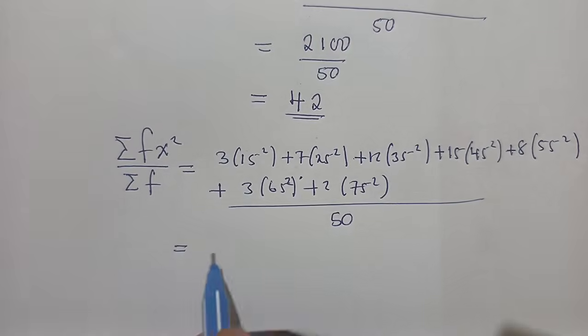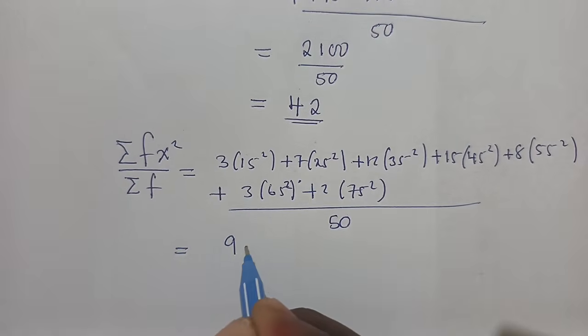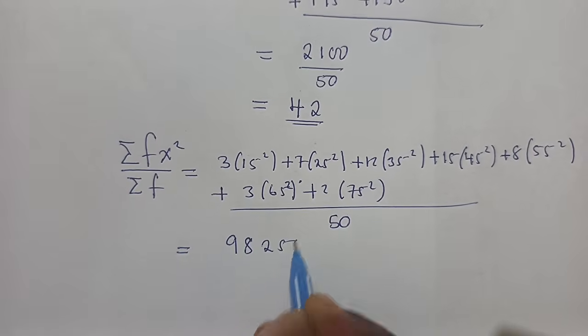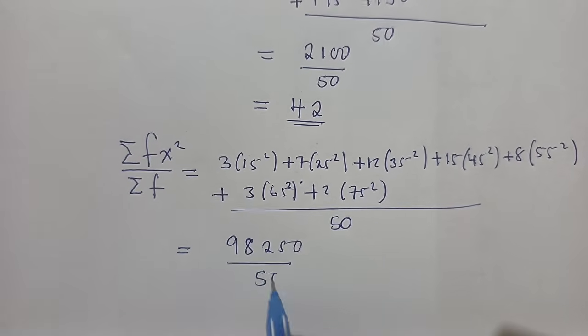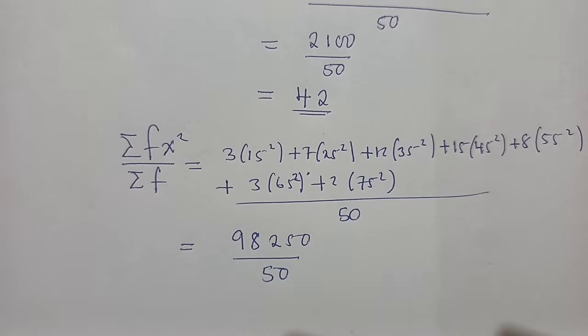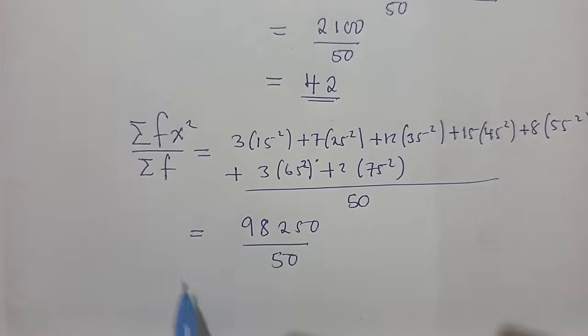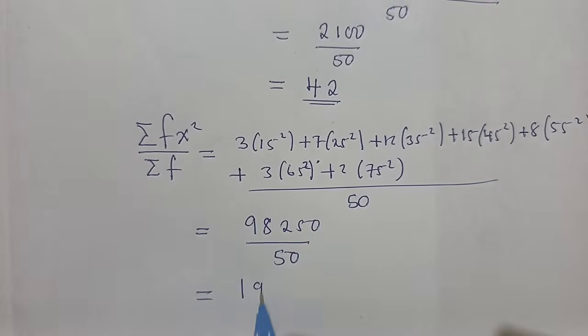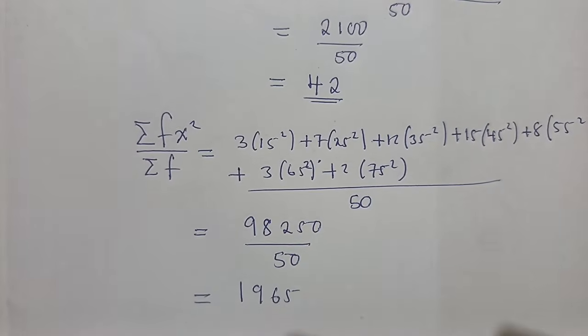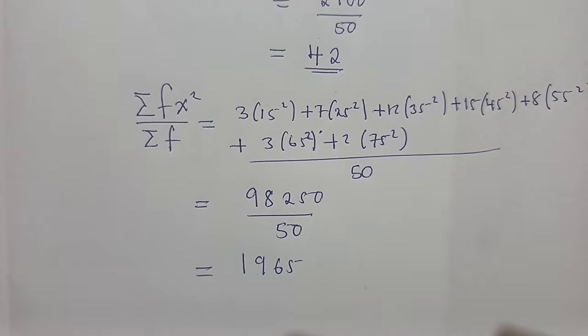So this, of course, is giving us 98,250. We divide by 50 there. So when we divide by 50, we're getting 1965. This is what we've gotten.